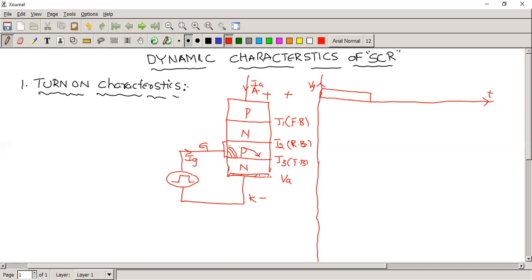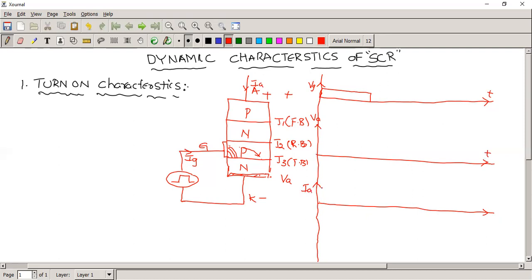Now, we are drawing the anode voltage. This is VA. The next waveform is the anode current, IA.